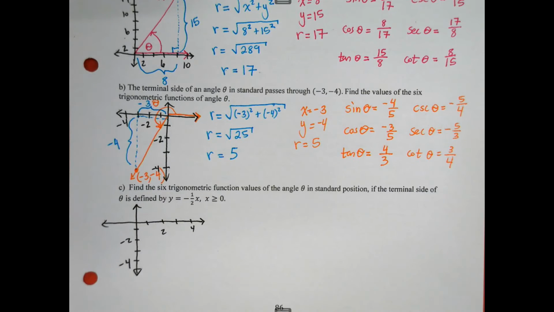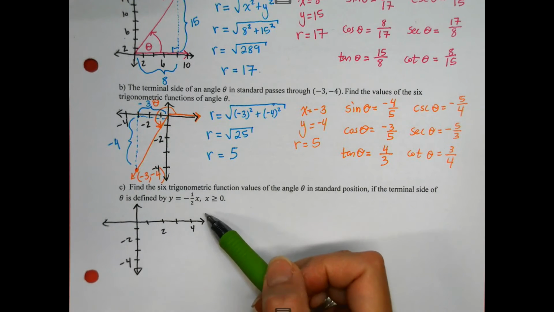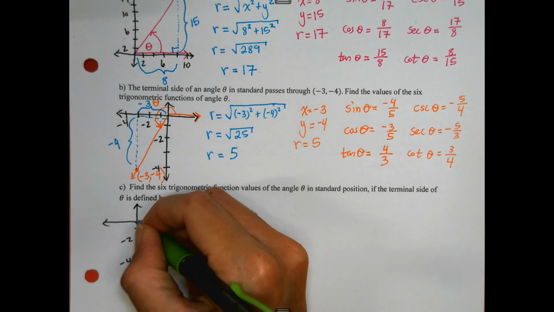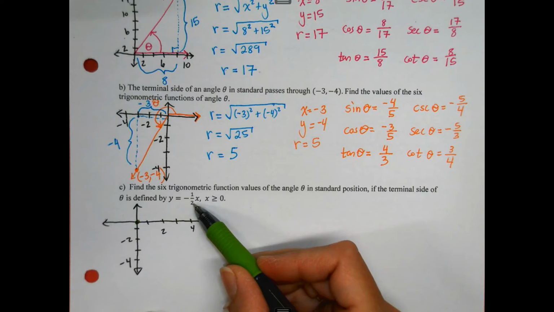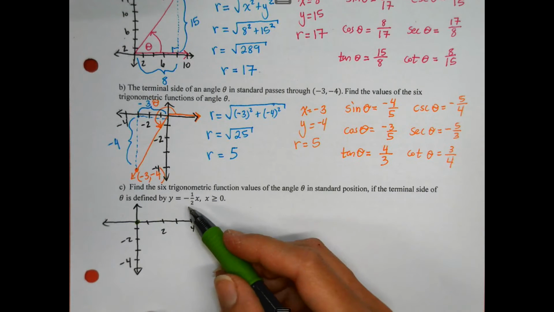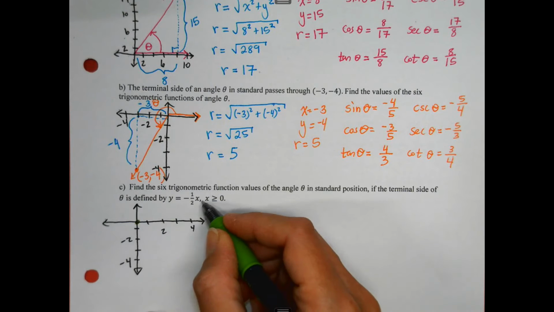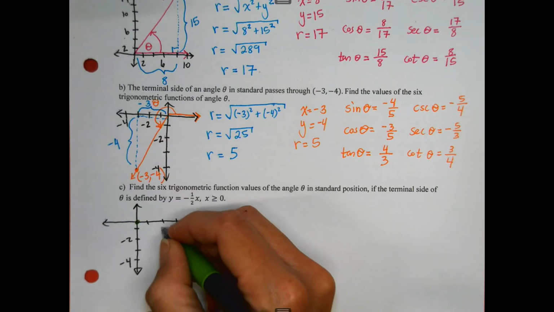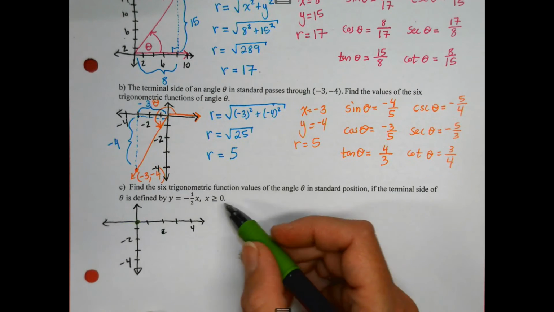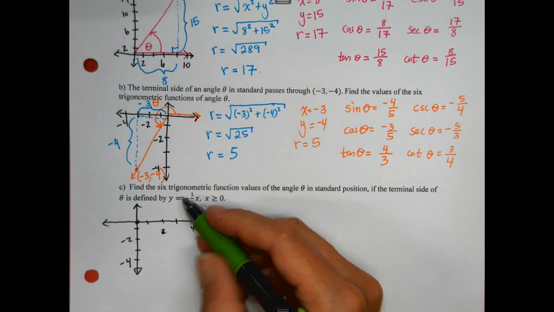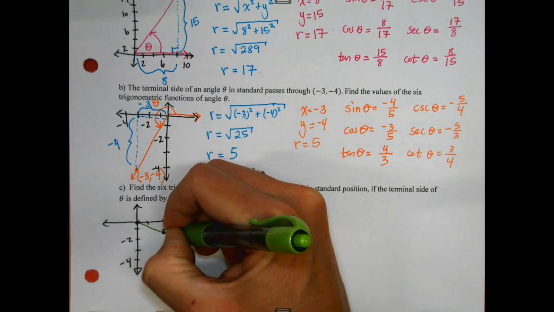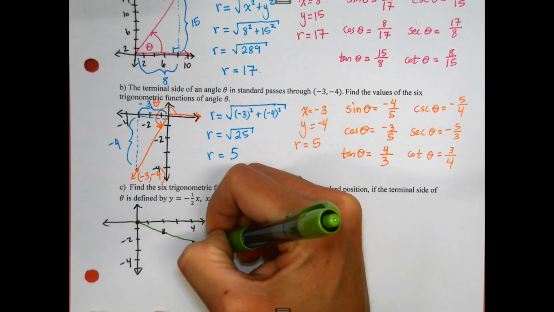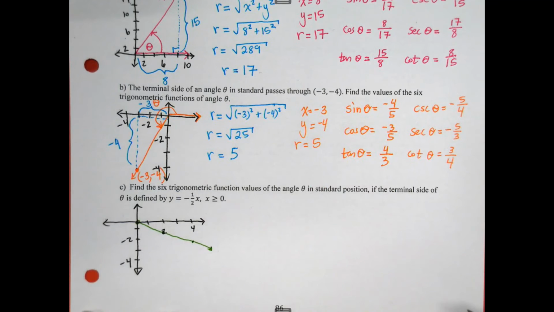We know that our x values for this line have to be greater than or equal to 0. So if x is 1, our y is going to be -1/2. If x is 2, our y will be -1. If x is 4, our y will be -2, and so on. So there's our line. And that's the terminal side of our angle.